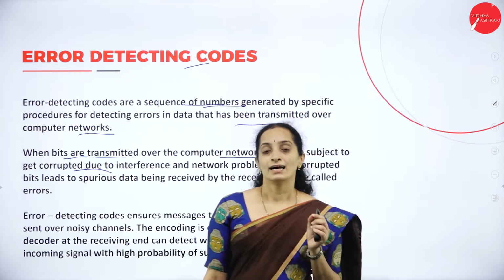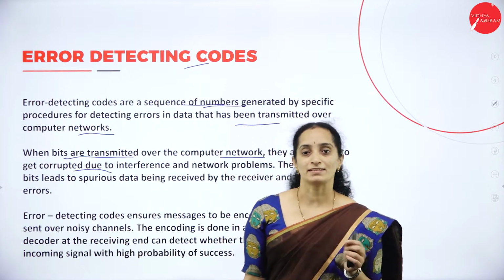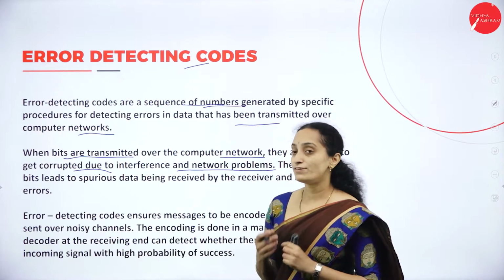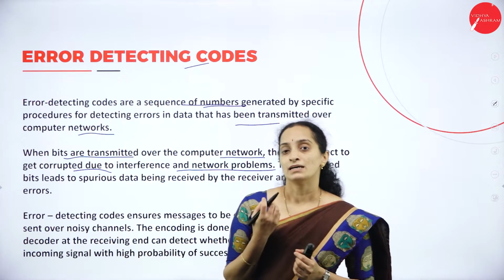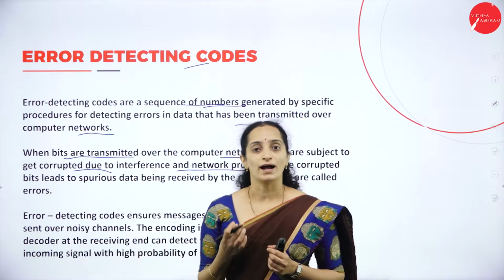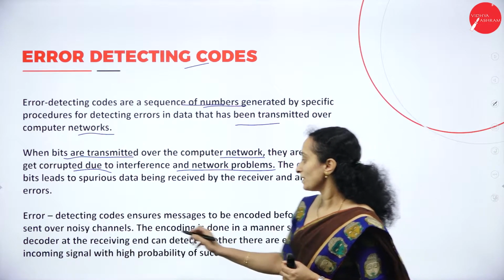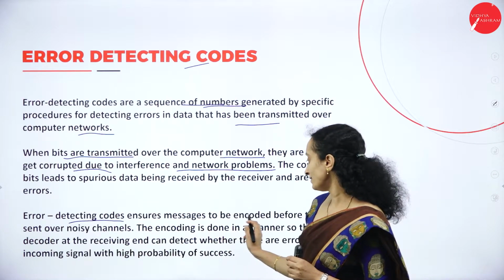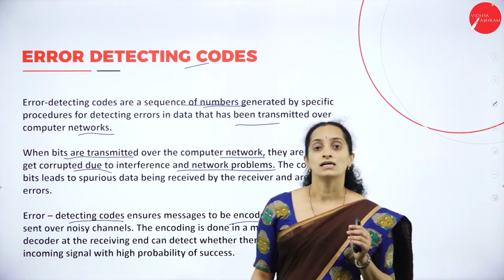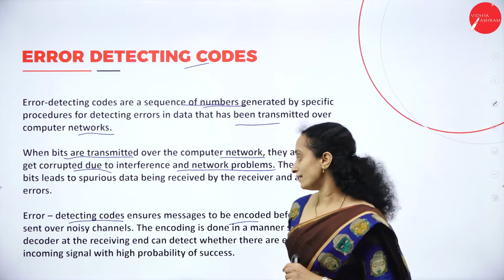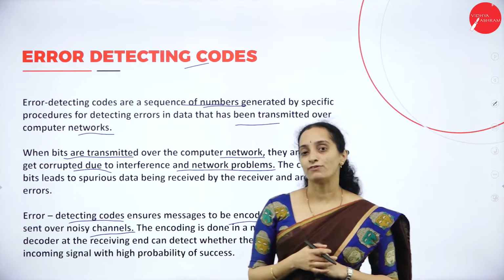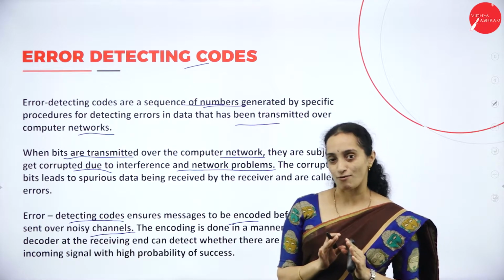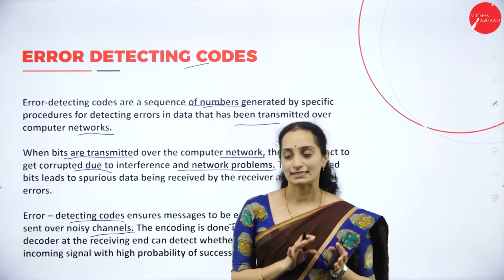Even a single bit change may change the form of the data. Because of this, we need a particular method to identify the error. These error detecting codes will ensure that the messages received by the receiver are free of errors, that means they receive the data in the same form in which it was sent by the sender.